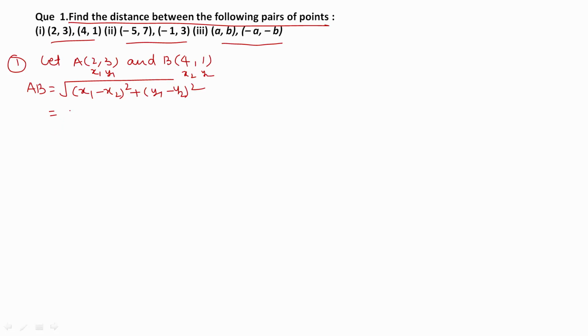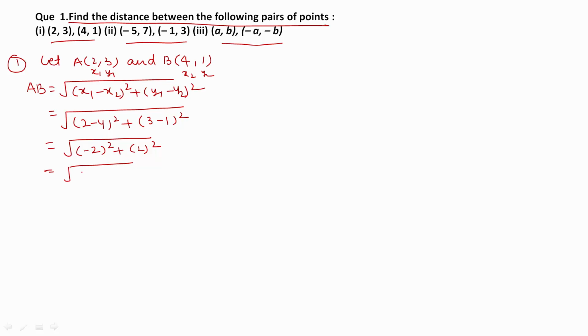Put all the values of x1 x2 and y1 y2: 2 minus 4 whole square plus 3 minus 1 whole square. This will be equal to under root minus 2 whole square plus 2 whole square. Minus 2 whole square is equal to 4 and 2 square is 4. This is equal to under root 8 and this will be equal to 2 under root 2 unit.